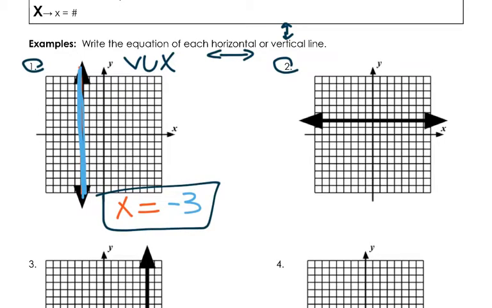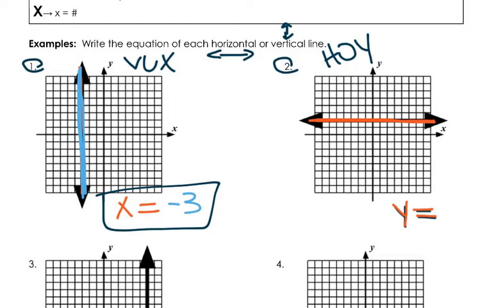Now we're going to transfer over to number 2. We're looking at something that is horizontal. So here it's Hoi. That means our equation will be y equals. Okay. Y equals. So again, we're looking at this right here. So it's horizontal. It's going left to right.